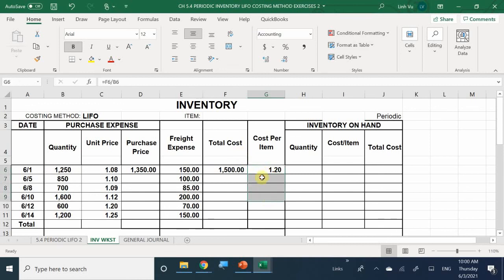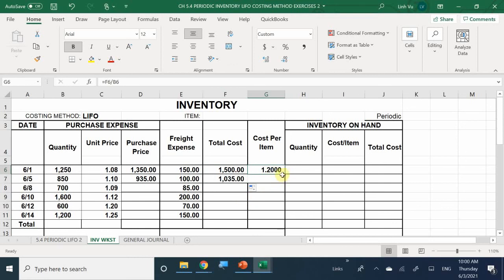Just making sure that this is $1.20. Okay, so what about my next one? Here on June 5th, I purchased 850 units at $1.10. So what is going to be my total purchase price here? $935, okay? Plus $100 freight gives me a grand total cost of $1,035, right?